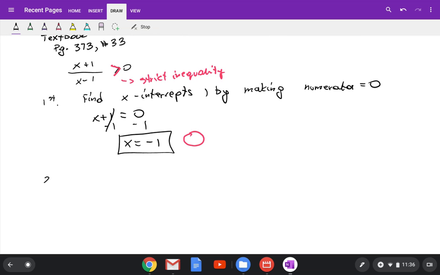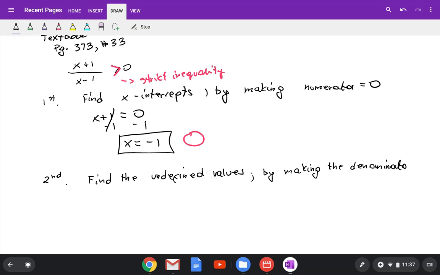Second, we need to find the undefined values of this inequality by making the denominator equal to 0. Our denominator is x minus 1, solve for x: x equal 1.